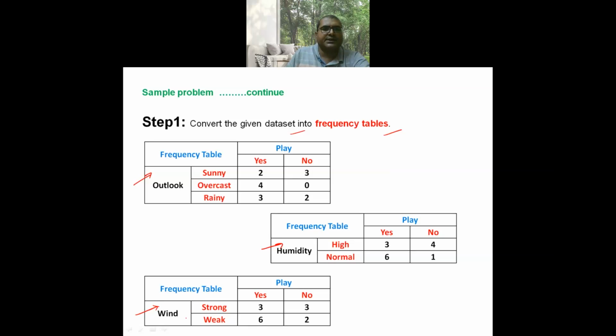Outlook, humidity and wind are feature variables, and based on the labels of feature variables, we need to prepare the frequency table. Refer to the frequency table. And the next step is to prepare probability for the frequency tables.